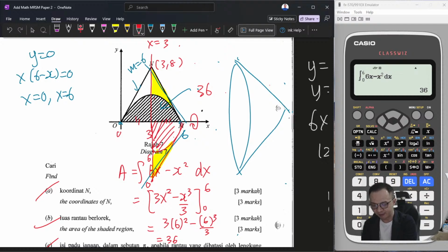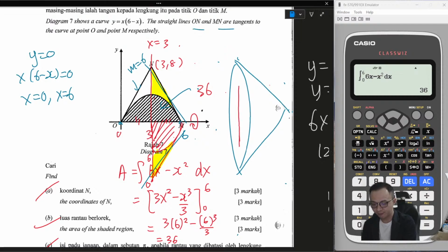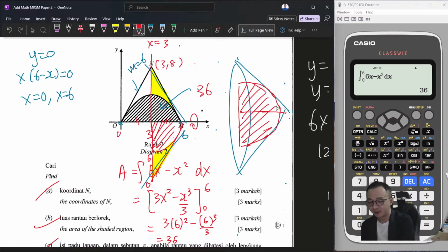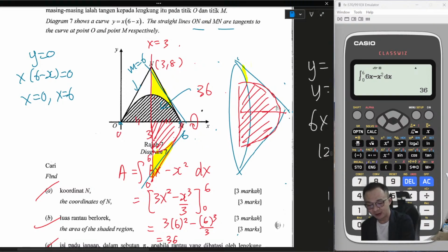So we have some curve, and we need to minus out this part. Then we'll get the remaining volume like this.